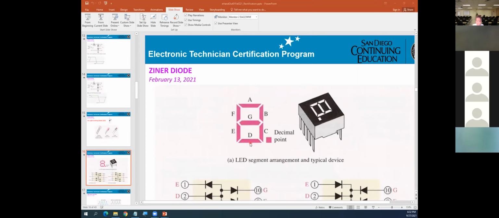This is an LED 7 segment. That means they can display numbers. They can display characters. Like if you display the letter A, you turn off the diode in D. Now you can see they turn segments on and off. Each segment inside has just one diode.